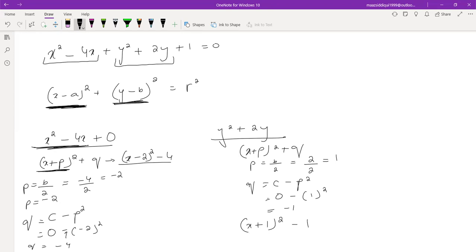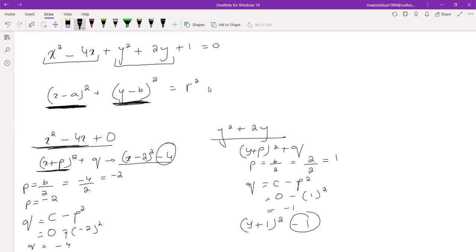So I got these two things. Sorry, not x, y, because we were working with y. Now I've figured out this part and this part, but I have additional things with me, just minus 4 and minus 1. Before I jump into how we'll simplify it, let's first rewrite this.